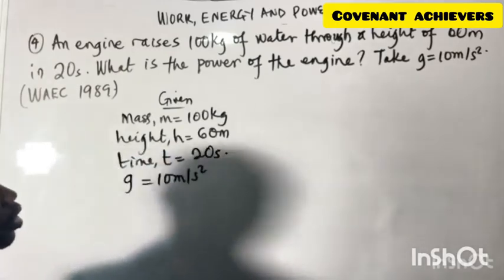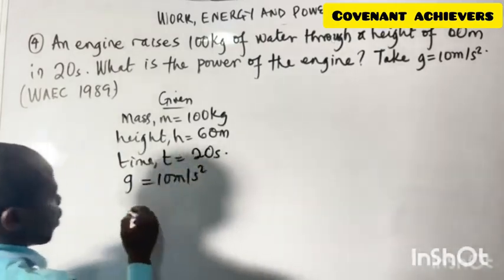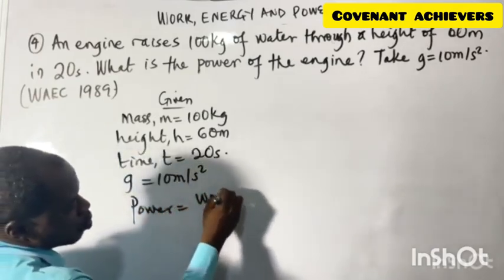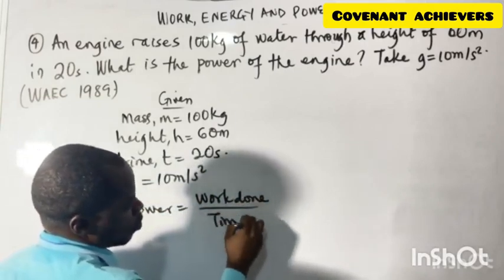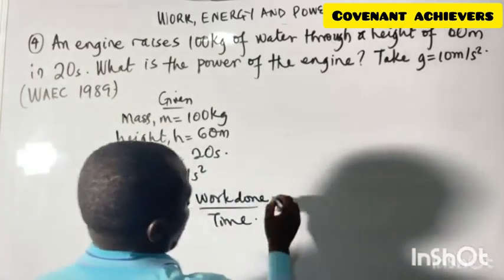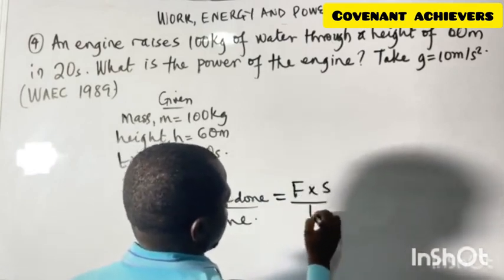So we want to look at the power of the engine, and how do you calculate that? Remember, we have established that power is equal to work done over time. Work done is equal to force times distance, over time.